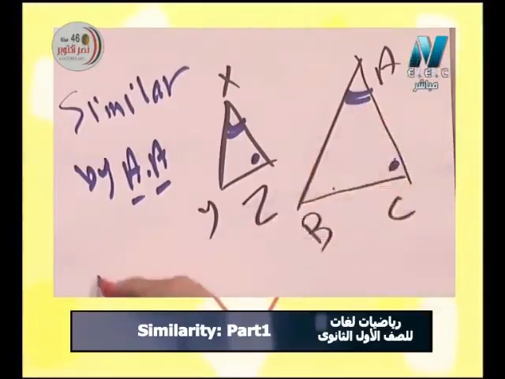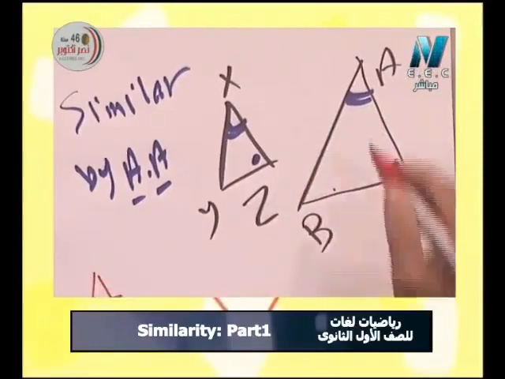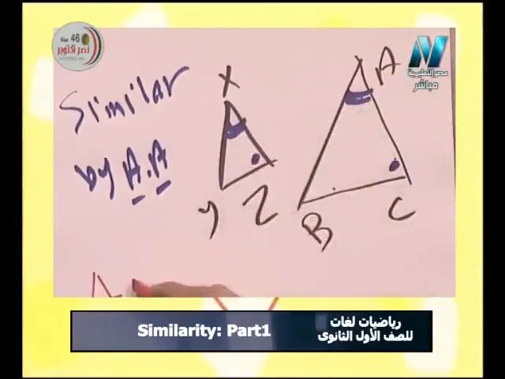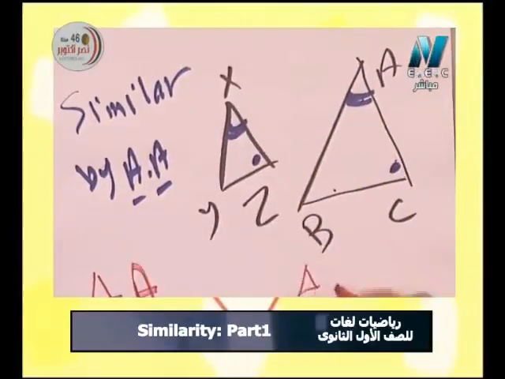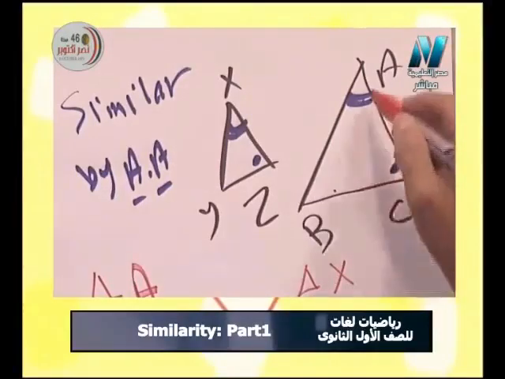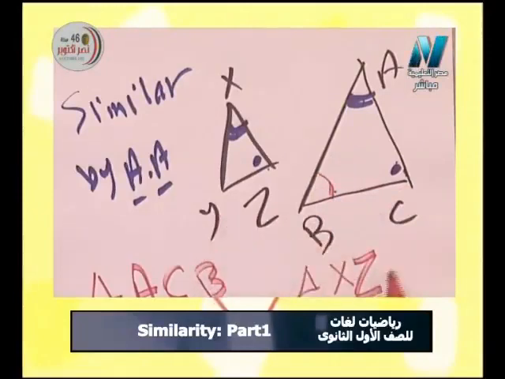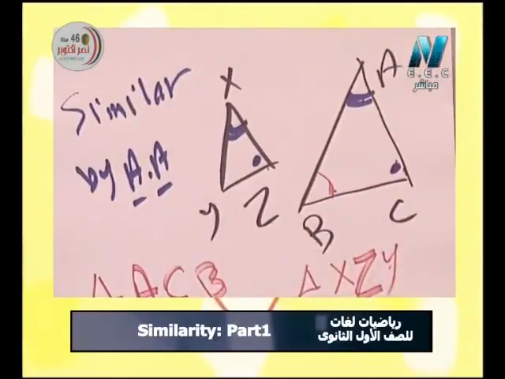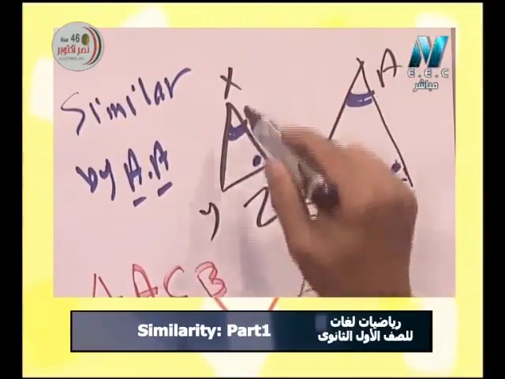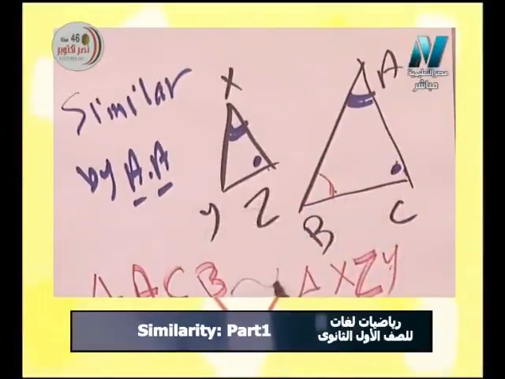That means if we start saying the triangle as that, measure angle A equals measure angle X, so we write A and we write X. Okay, triangle A, triangle X. After A, we mention C. The corresponding to C is Z, and the corresponding of B here will be Y. So when we talk about similarity, triangle ACB is similar to triangle XZY, and we put the sign of similarity here.